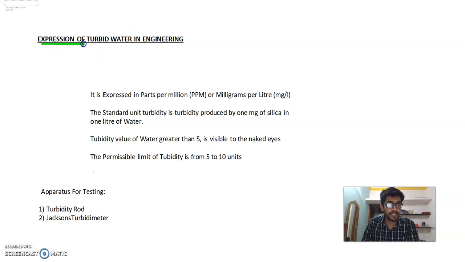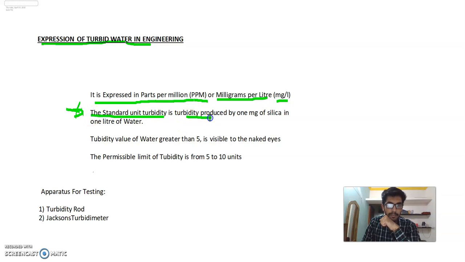So how do we express the turbid water in scientific terms? This turbid water is expressed in parts per million, that is ppm, or milligrams per liter. So the standard unit turbidity is turbidity produced by 1 milligram of silica dissolved in 1 liter of water.